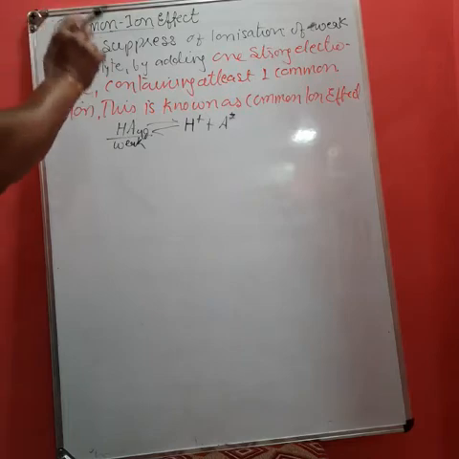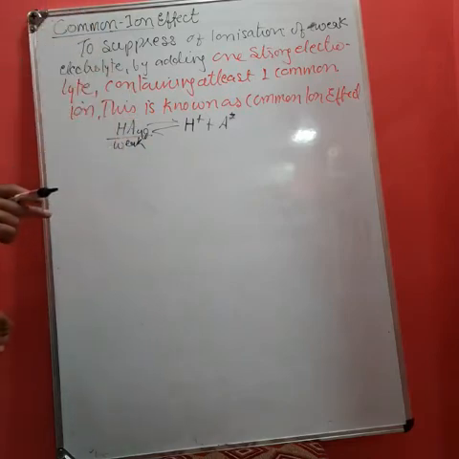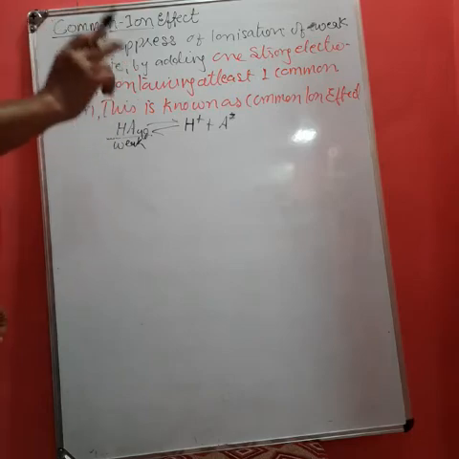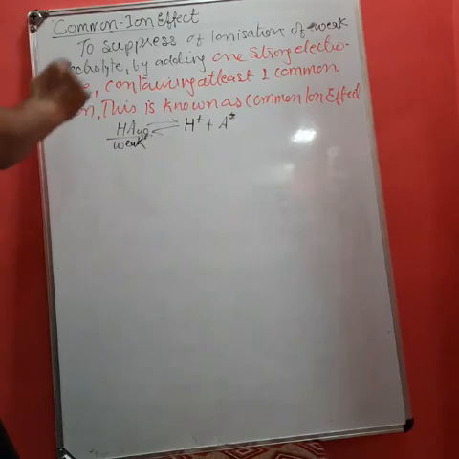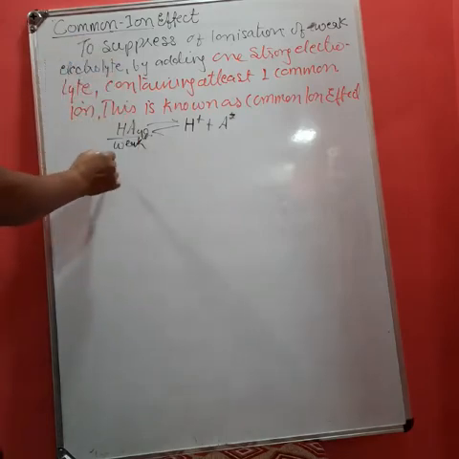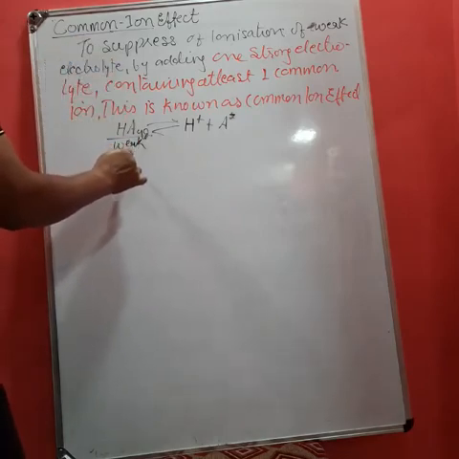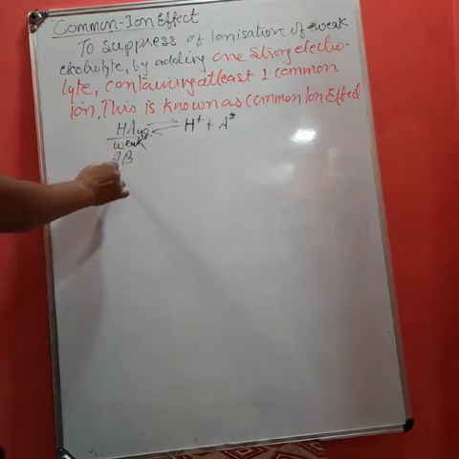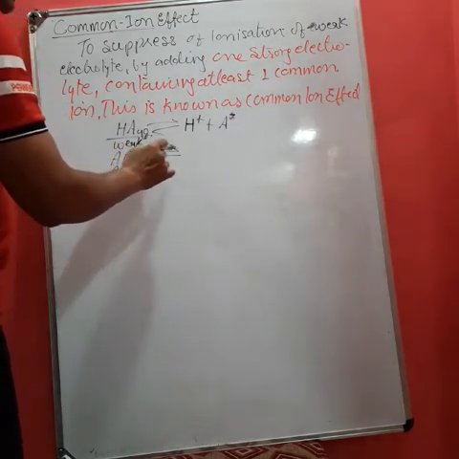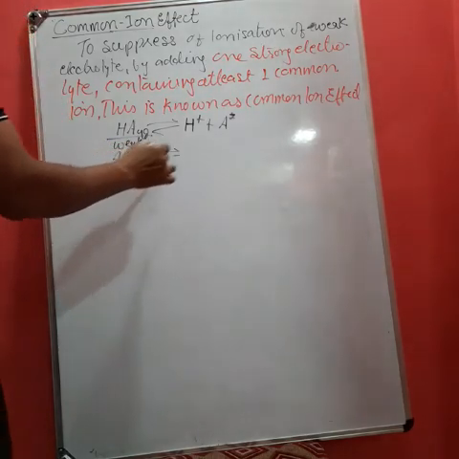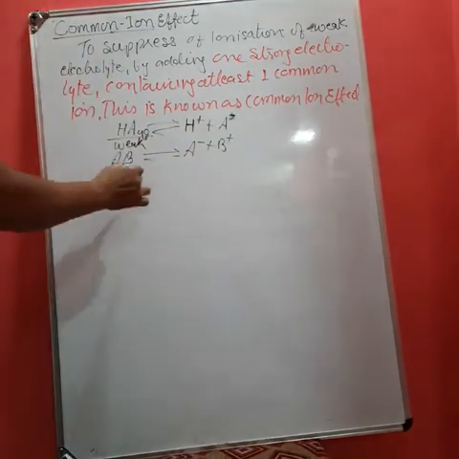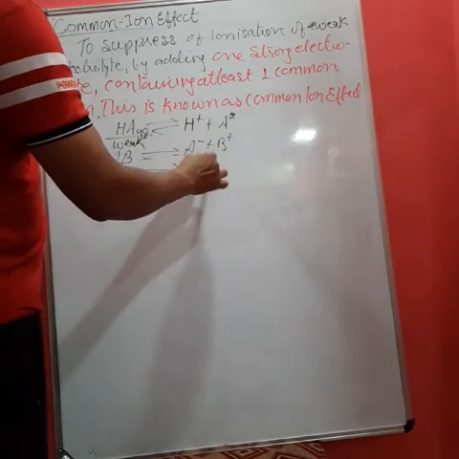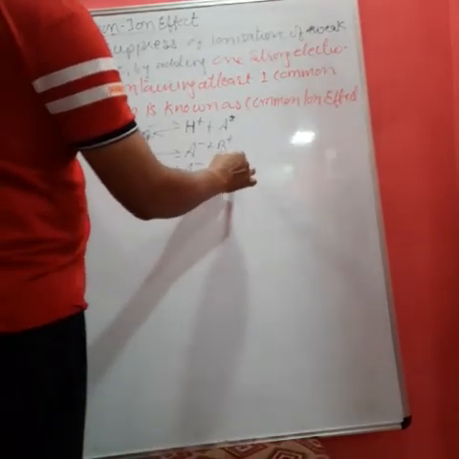So that strong electrolyte must contain at least one common ion. Are you getting? Like here HA is there, so we can add AB or we can add AC. If I am adding AB, now this is a strong electrolyte, so it will give A anion plus B cation, and AC will again give A anion plus C cation.